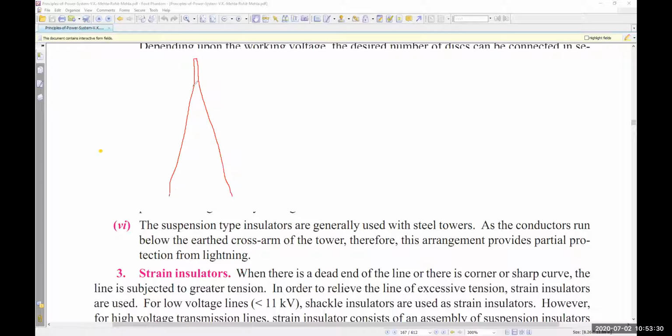Now you have a cross arm. This is the cross arm, right? Here, your suspension type insulator will remain. Disc, disc, disc. Then you have the conductor, right? This is the conductor. Now, if there is any lightning, the whole thing is a steel tower.